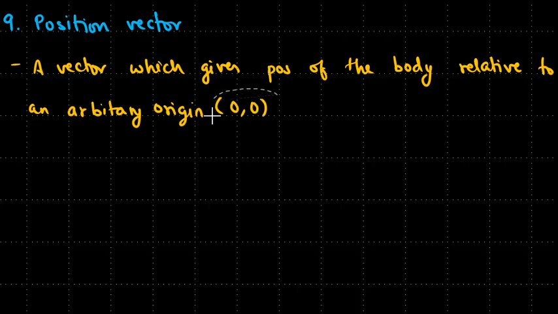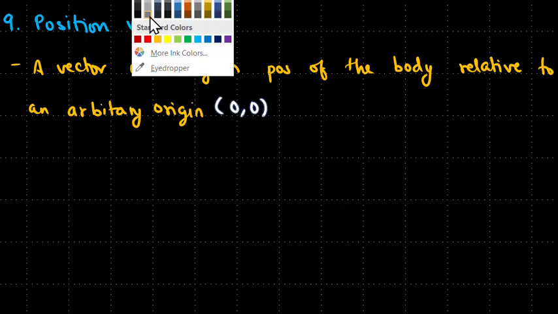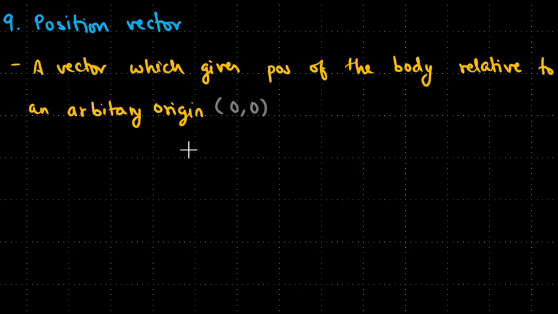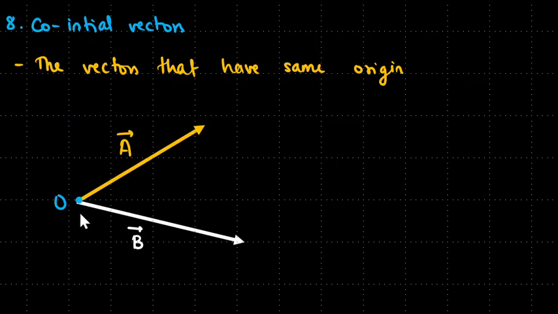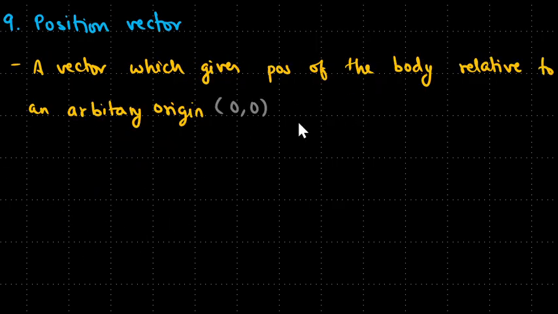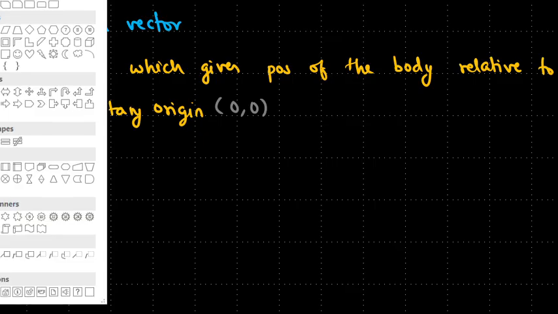So this origin is going to be represented by 0 comma 0, whereas the other one might or might not be. Okay, it's also not a hard and fast rule, but when we are talking about position vectors, it's generally 0 comma 0. It's very highly likely that it's 0 comma 0.